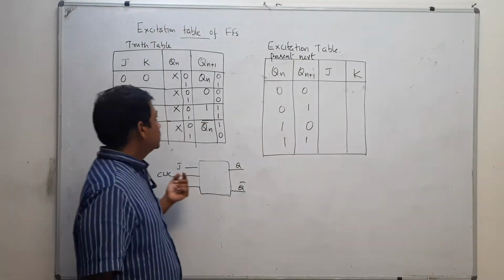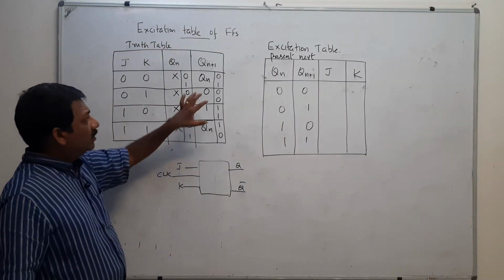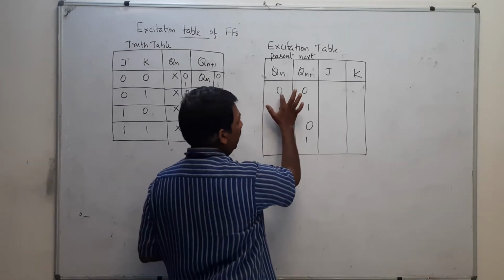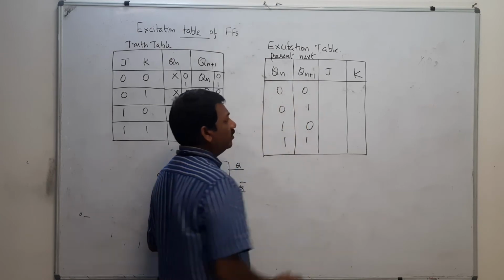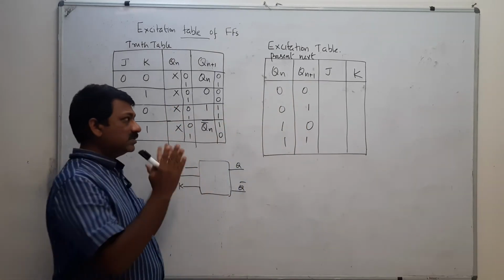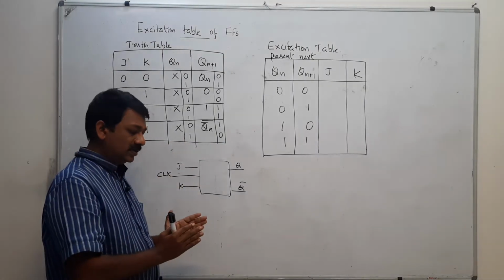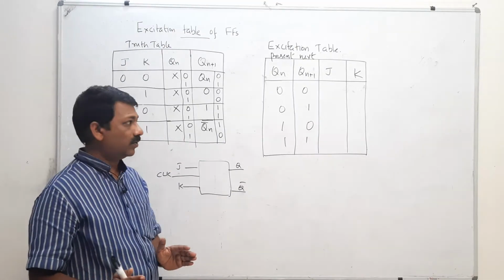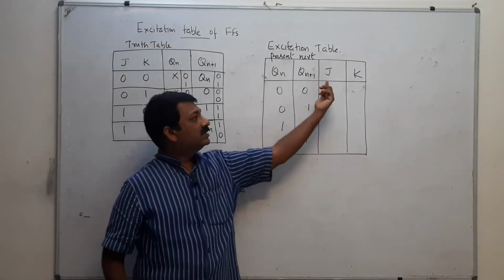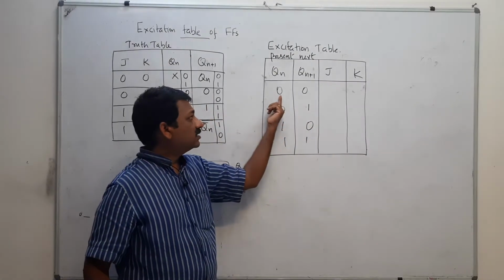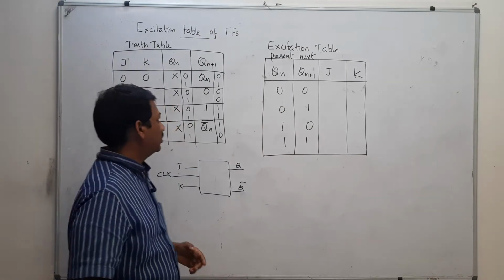See here, if we have a transition from 0 to 0, that means the previous state is 0 and the next state is 0. Then if the current state is 0 and the next state is again 0, what are the J and K values that are possible for a 0 to 0 transition?